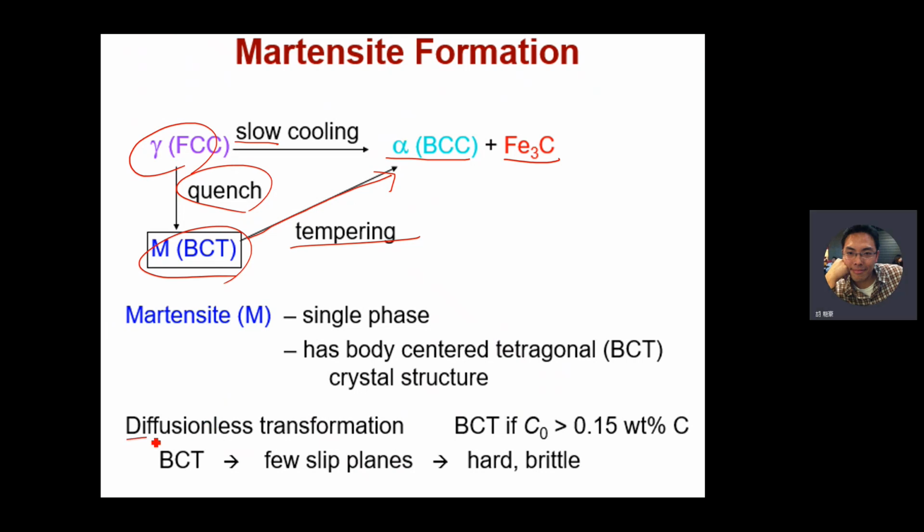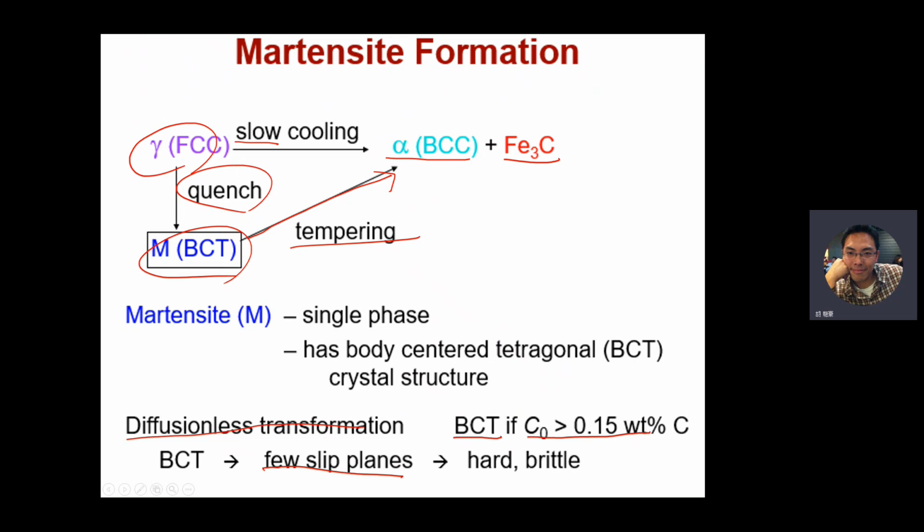And due to this diffusionless transformation, the BCT, the body-centered tetragonal, with an initial concentration higher than 0.15 weight percent of carbon, causes few slip planes.